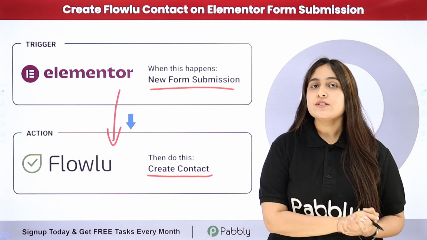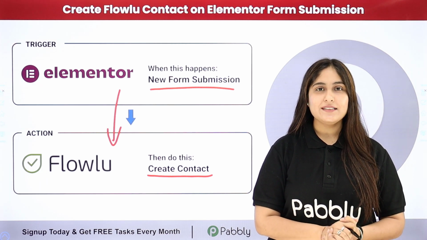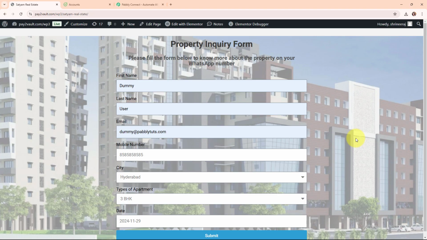To see the working of this automation and to learn this process step by step, let me take you to my screen. Welcome to my screen. As you all know, I am a real estate owner and I use Elementor forms on my website to collect inquiries from potential buyers or renters. Here on my screen you can see my lead form which I have created using Elementor.